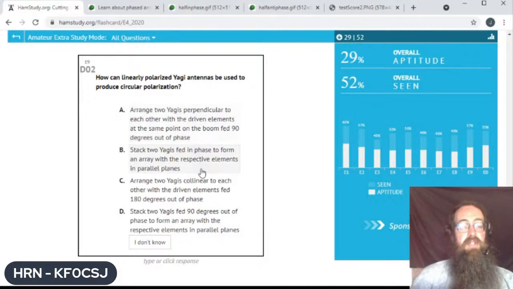B, stack two Yagis fed in phase to form an array with the respective elements in parallel planes. C, arrange two Yagis collinear to each other with the driven elements fed 180 degrees out of phase. D, stack two Yagis fed 90 degrees out of phase to form an array with respective elements in parallel planes.